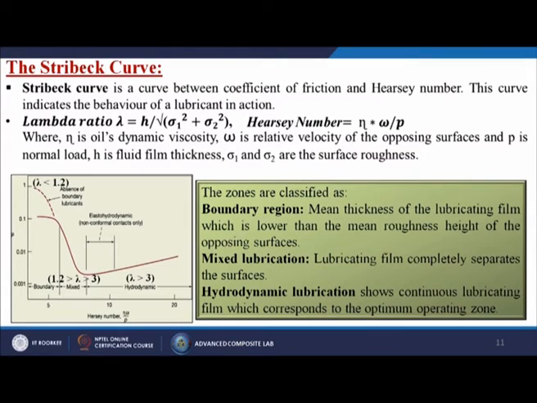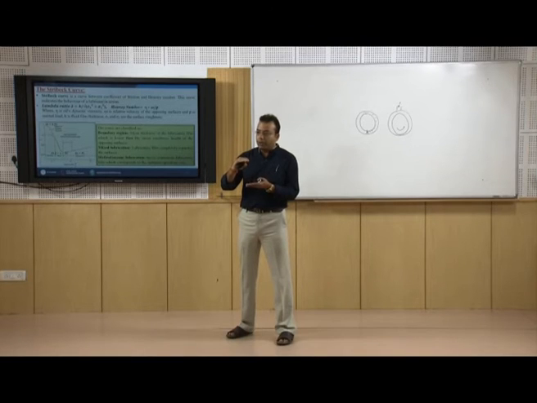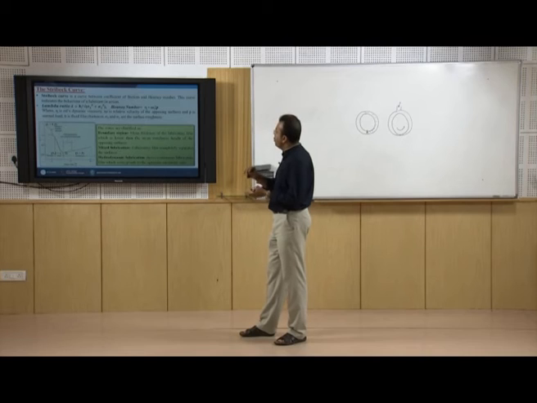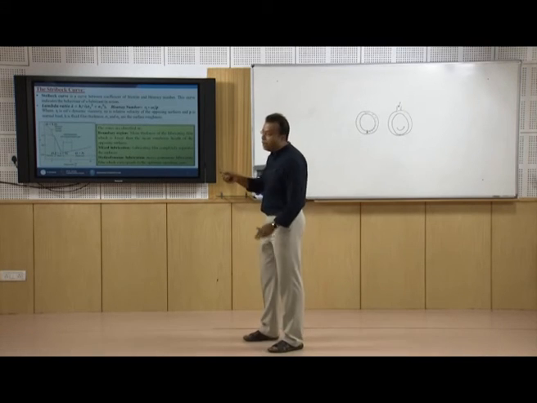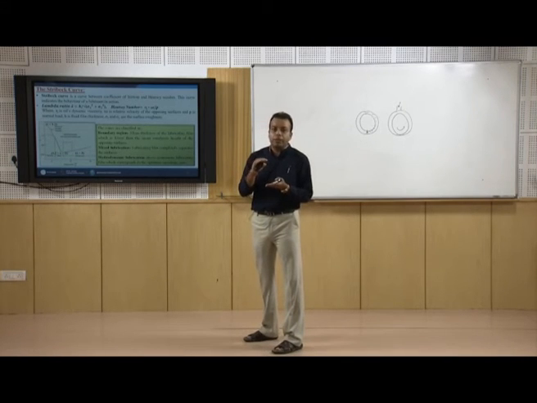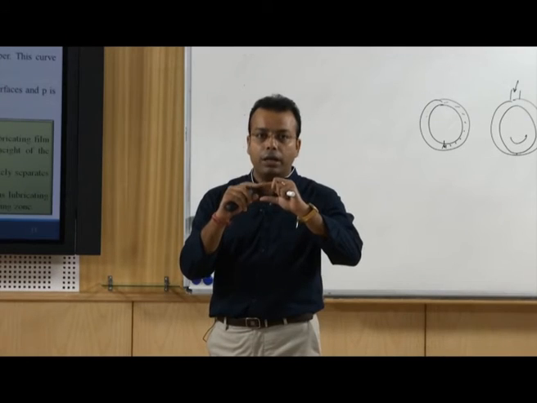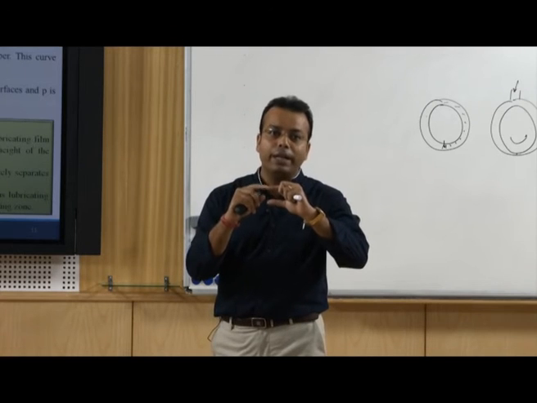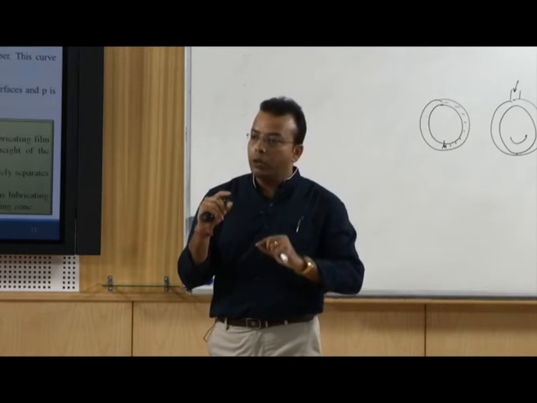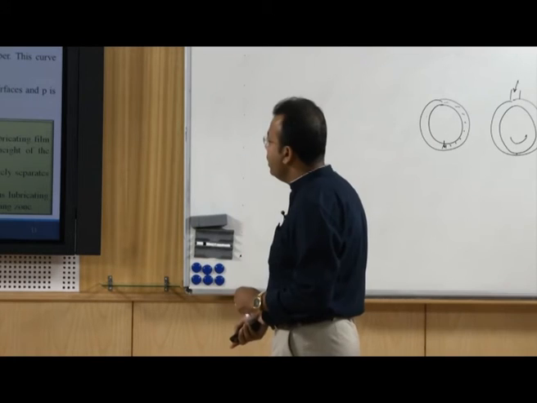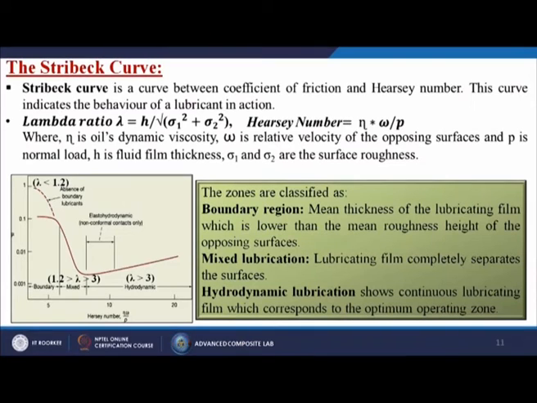Here H is the height or fluid thickness between the two surfaces, meaning the gap between the two mating surfaces, which gives you the lubrication thickness. Then sigma 1 and sigma 2 are the surface roughness of these two mating parts.